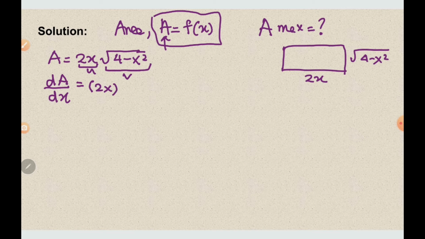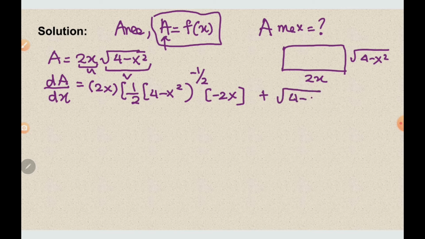What is v prime? v prime equals 1 over 2 times (4 minus x squared) to the power of negative 1 over 2. Then you need to differentiate 4 minus x squared. The answer is negative 2x. So u v prime plus v, what is v? The square root of 4 minus x squared. And u prime, differentiating 2x, the answer is 2.